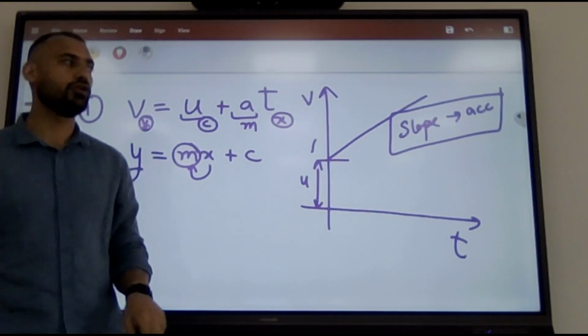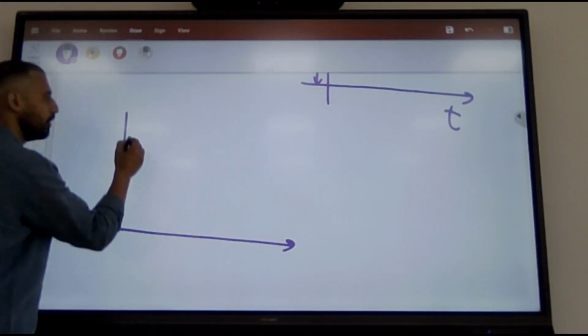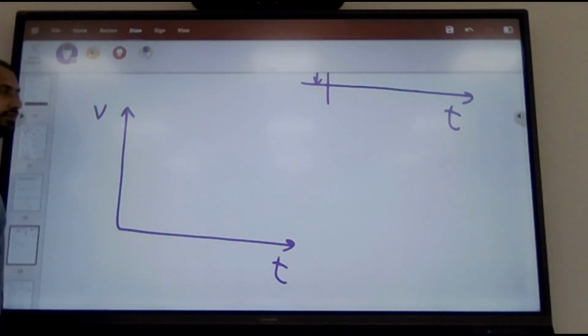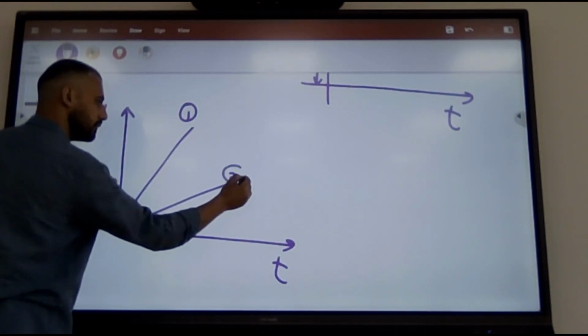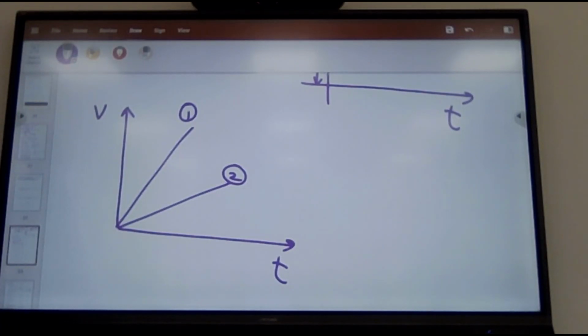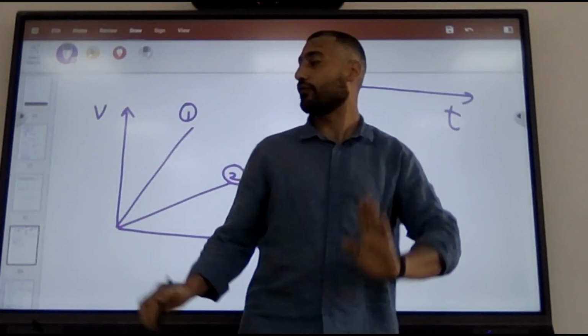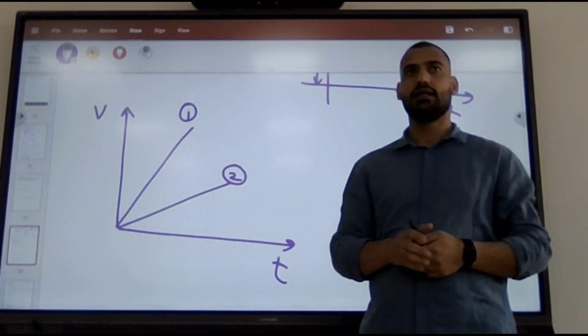Now I have a question for you. There are two bodies and their velocity time graph is given. There are two bodies, one and the other one is this. The question is, which body has more acceleration? Yes. Why? Because of the steepness, the slope of graph 1. Is this clear?